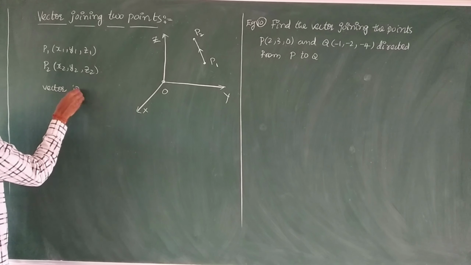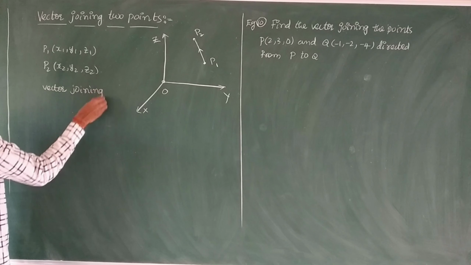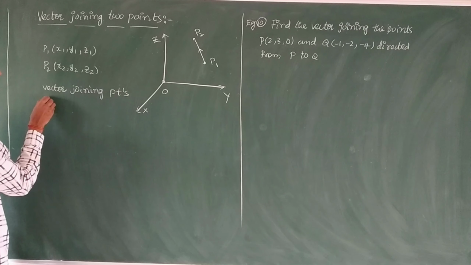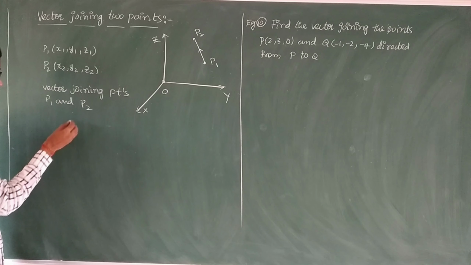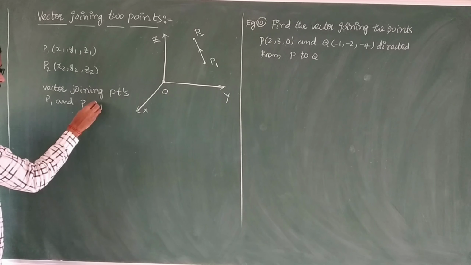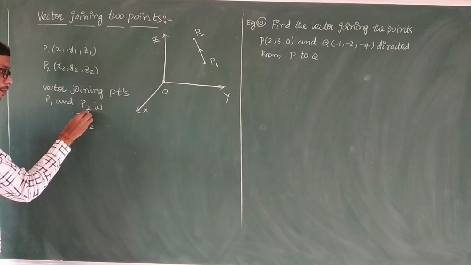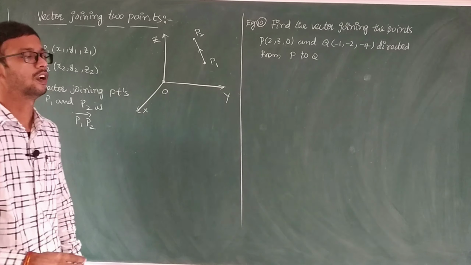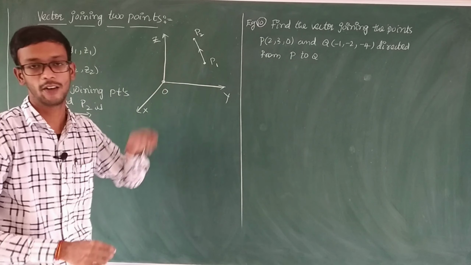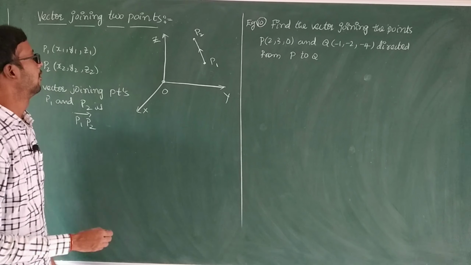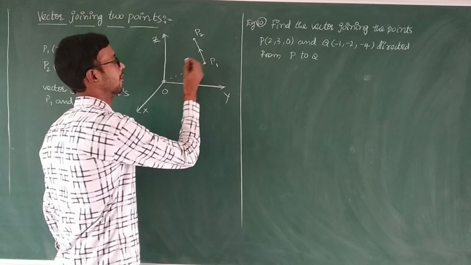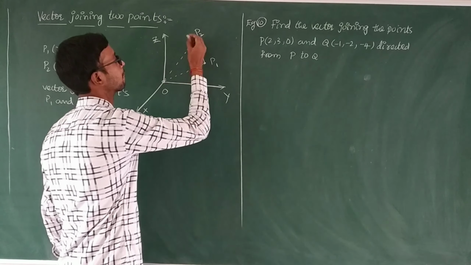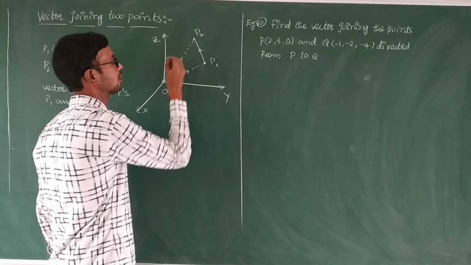The vector joining points P1 and P2 is P1P2 bar. This vector we have to find always. For that purpose, first I will join the origin and make arrows.